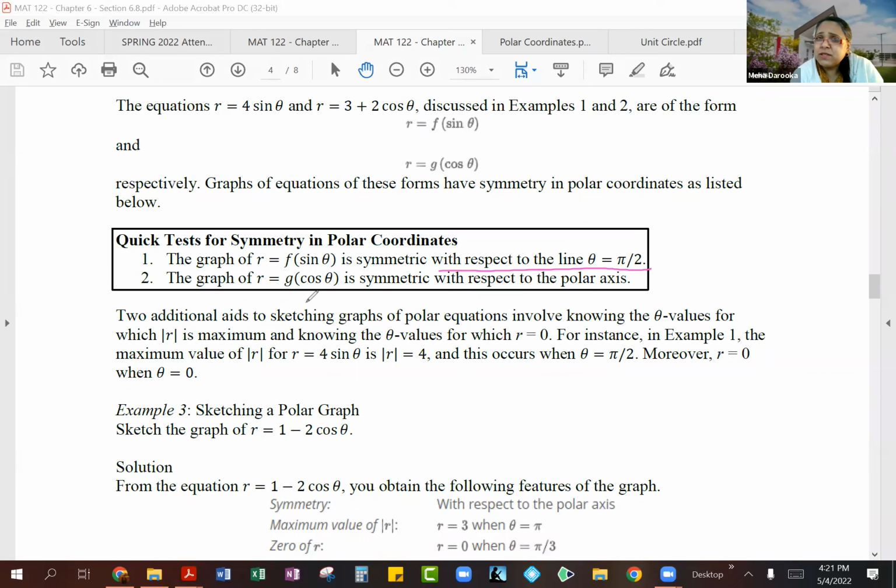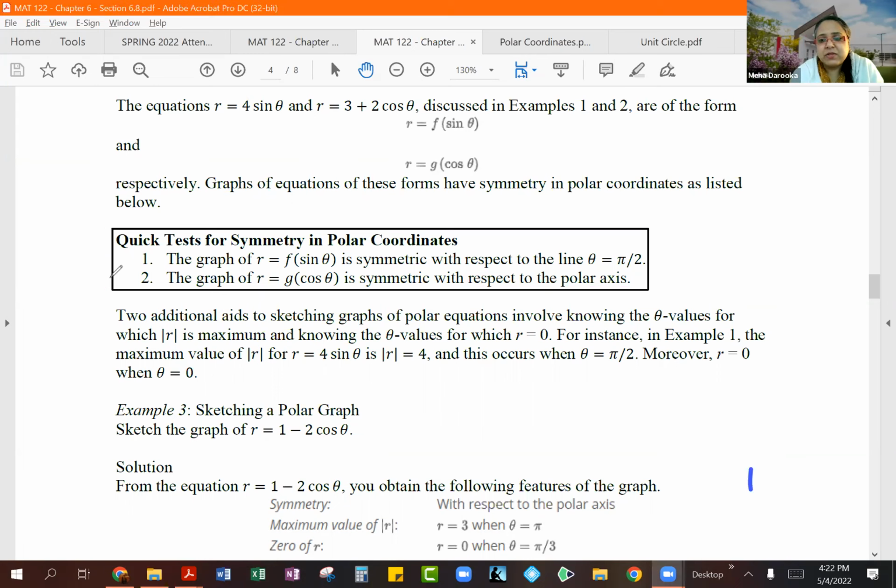If you have cosine as part of your function, then that will be symmetry with respect to the polar axis. So this makes it a little bit easier to identify what type of symmetry you might have. But it's always a good idea to check for all three types of symmetry, because as we mentioned last time, you can have functions with multiple types of symmetry. So just keep that in mind.